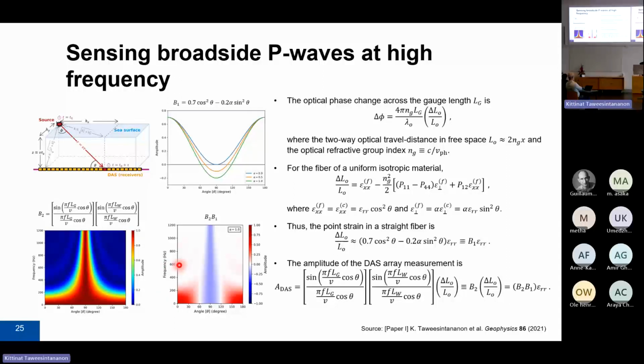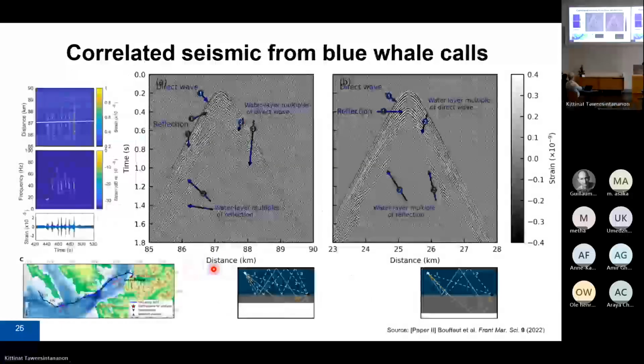But at very high frequency, for example, 600 Hertz in my paper, it's difficult to determine the amplitude at high angle or far offset, but you see negative amplitude at the apex of the shot record. So that's the reason why we can sense the broadside P wave at high frequency.